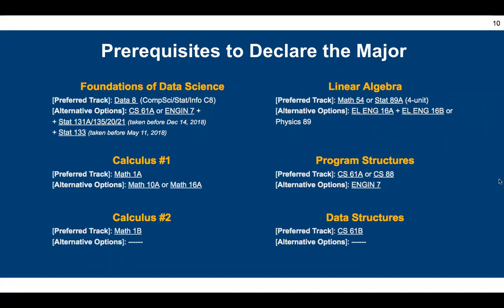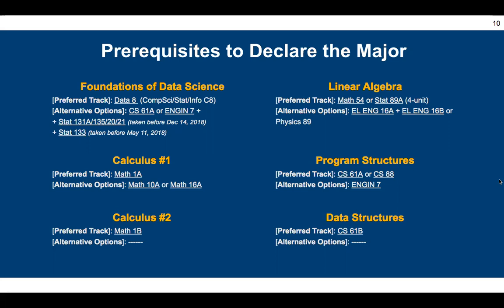So for prerequisites for the data science major, you have to take Data 8, and there are also alternative options in case students cannot get into Data 8 for some reason.